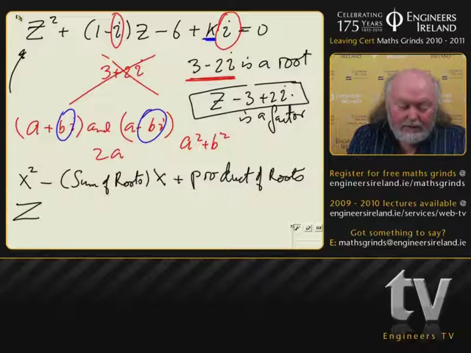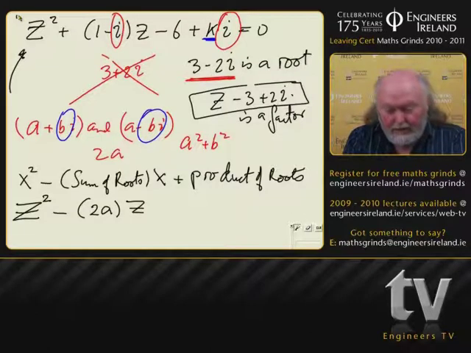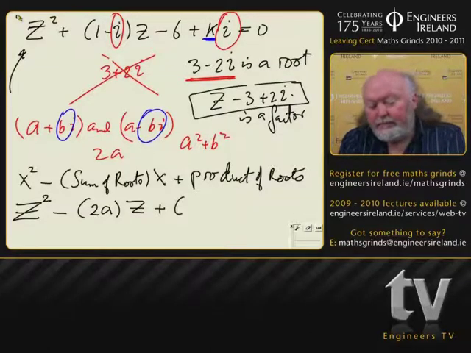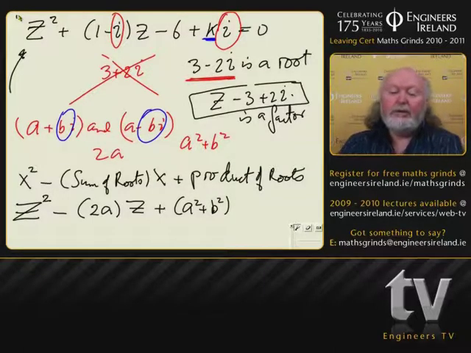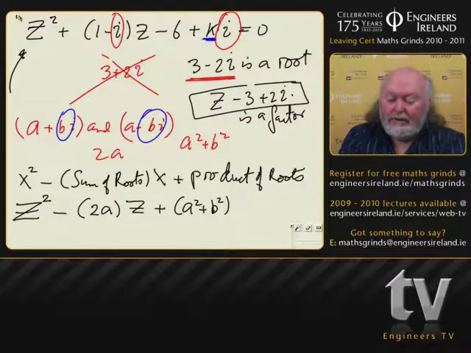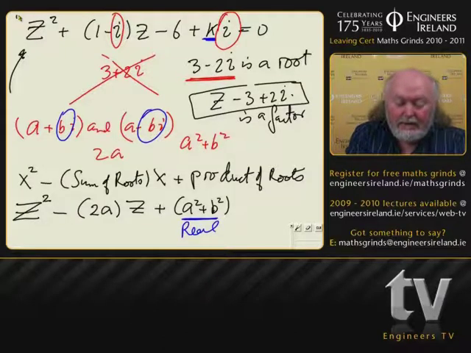for the complex numbers, it's going to be z squared minus 2a z plus a squared plus b squared. Now what you will notice is that the free number, the a squared plus b squared, is real, and that's real.